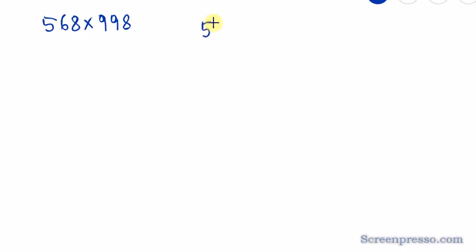This we will write as 568 minus 432, and 998 is also near to the base value 1000, and we will write it as 998 minus 2. It has a deficiency of 2 for 1000.